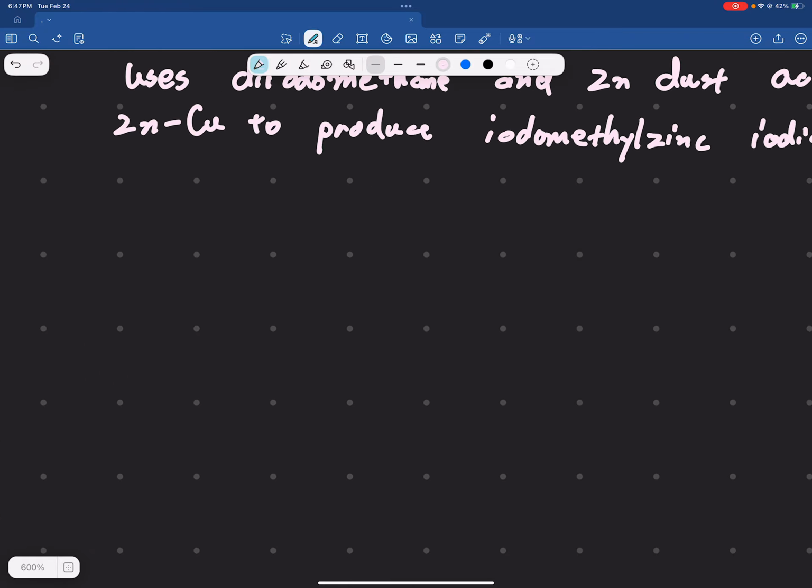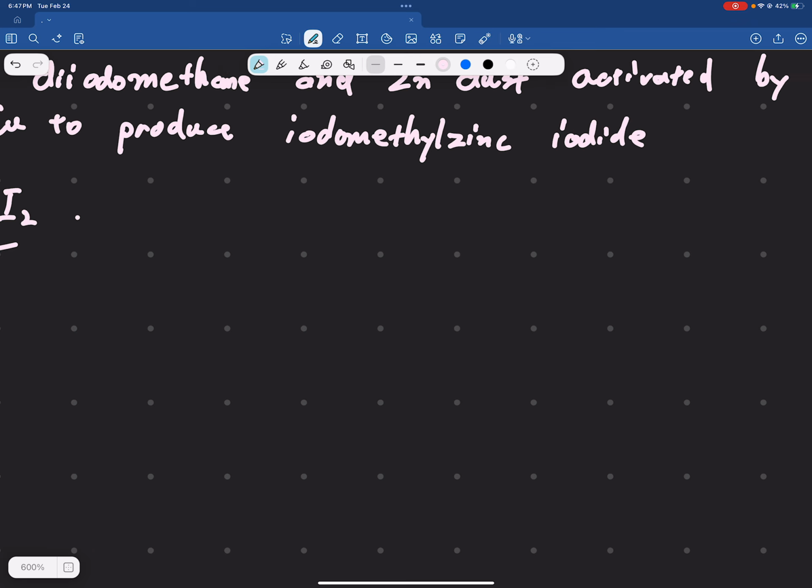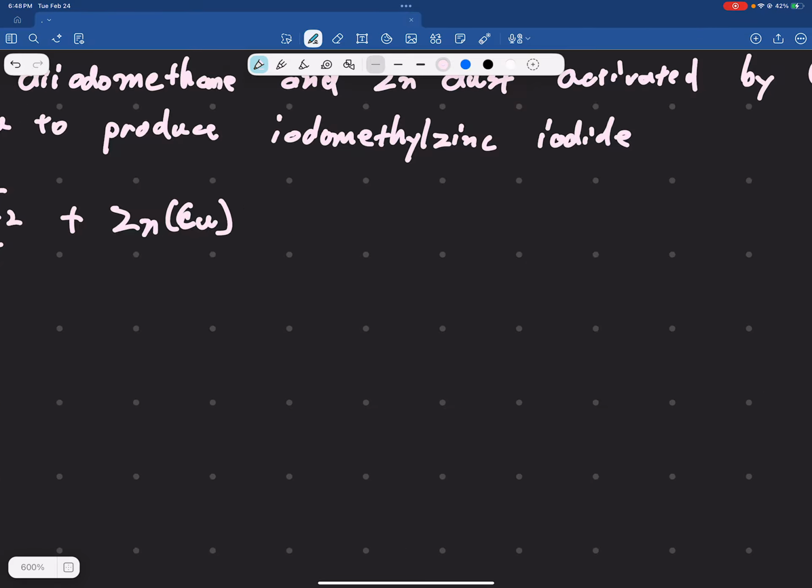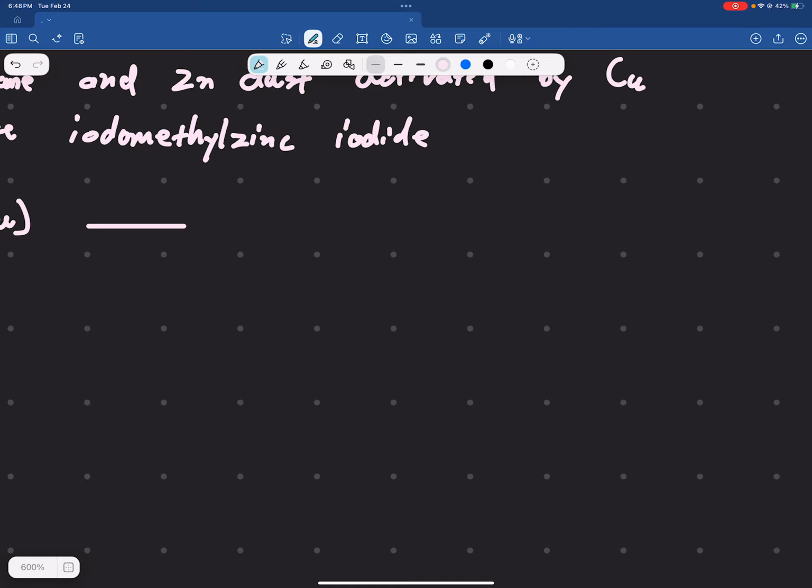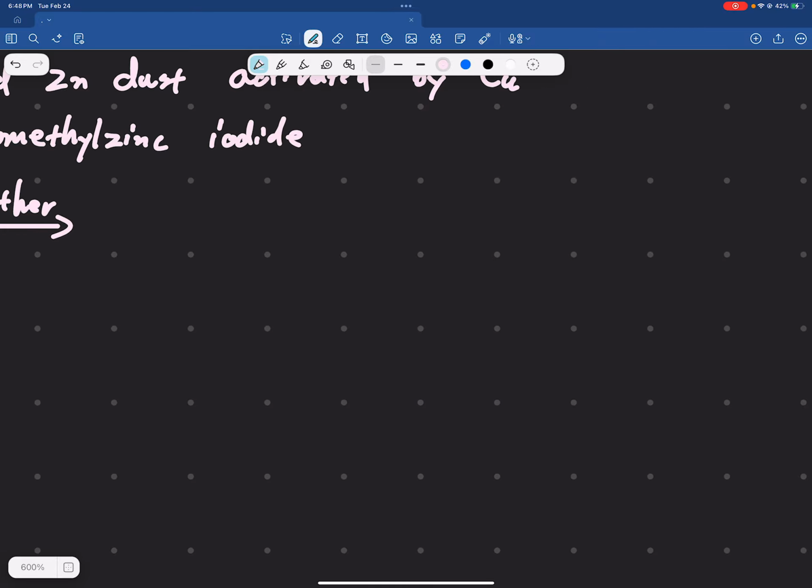So we're going to have diiodomethane, CH2I2. This is our diiodomethane, and it's going to be reacted with a zinc and copper couple in ether, usually, to form our iodomethylzinc iodide, which is going to, the formula is going to look like that.